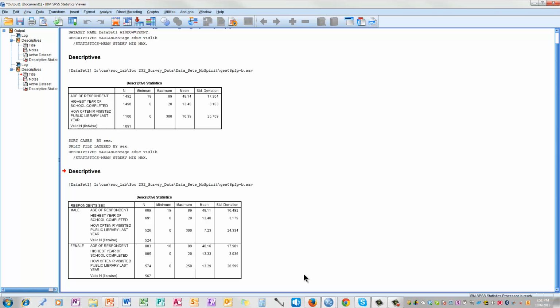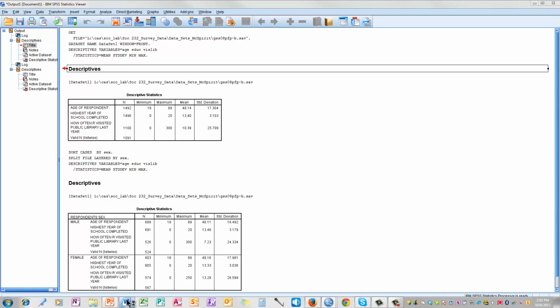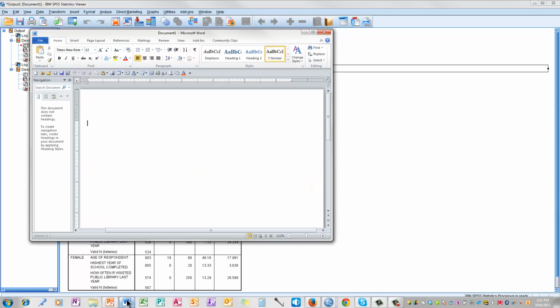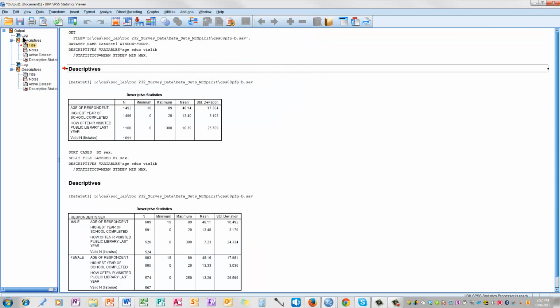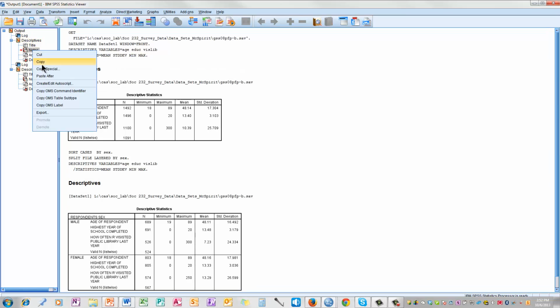And then you want to save it. You want to cut and paste, copy, go to your Word file, and we'll just go ahead and save. Whoops. I didn't have everything highlighted. You want to save your output, copy.